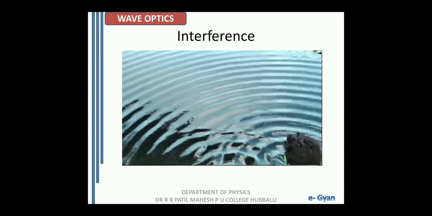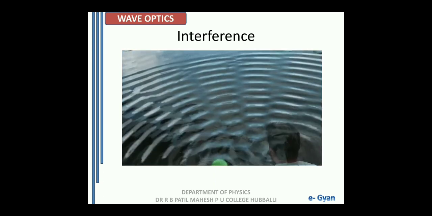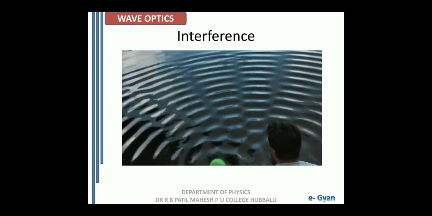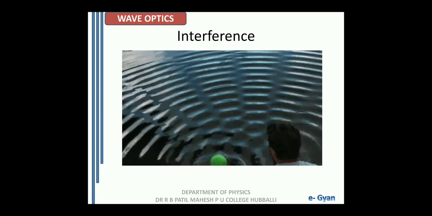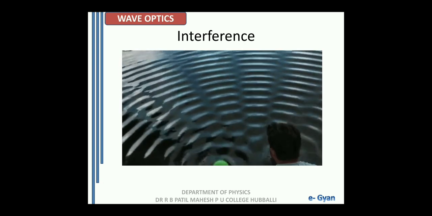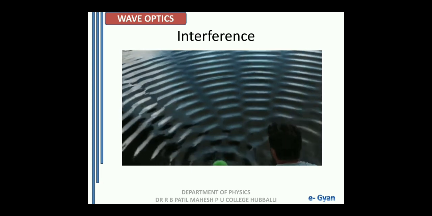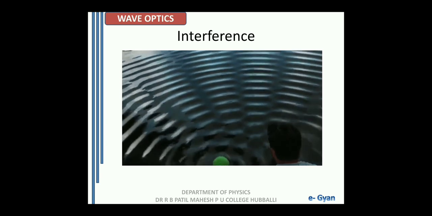Now this resultant ripple produced on the surface of the water looks something like this. If you see, you find that there are some regions where the disturbance doesn't exist. So between two huge disturbances, there is a position where the disturbance is zero.